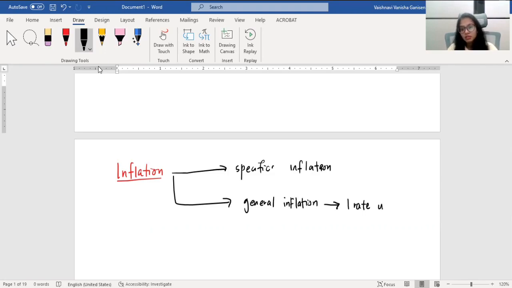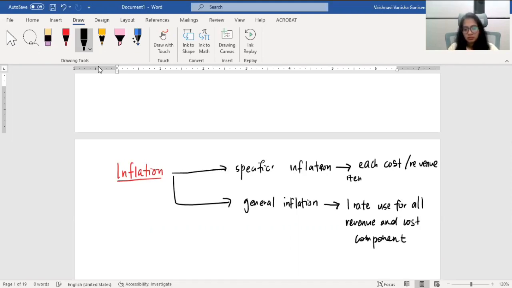One rate used for all revenue and cost components, whilst when he says specific inflation rate, it means each cost and revenue item has its own inflation rate. So each revenue or cost item has its own inflation rate.